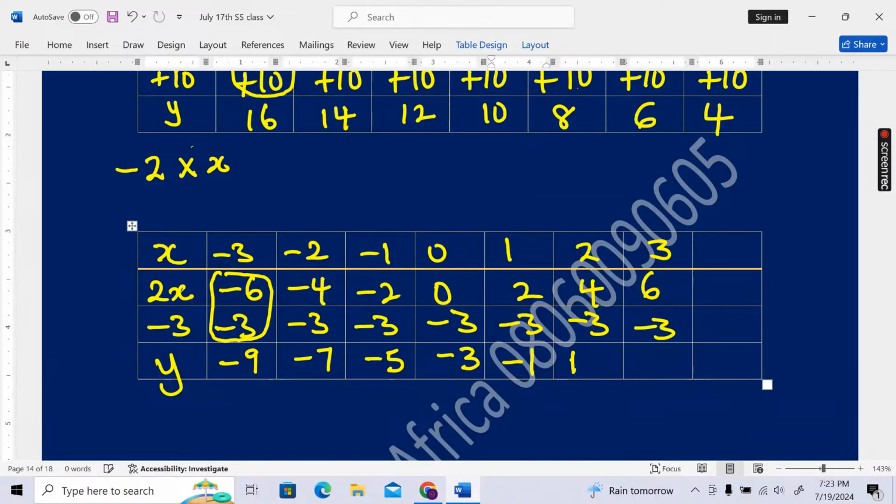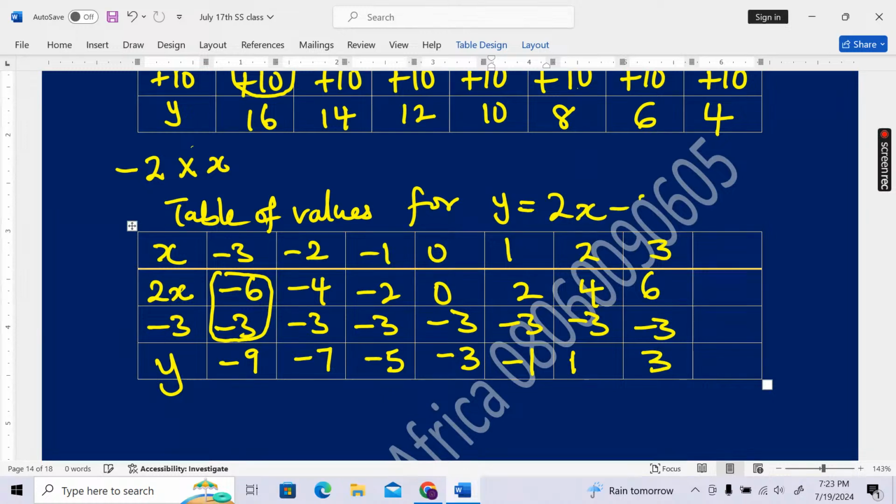Then 6 minus 3, that is 3. So we have been able to draw the table of values for y is equal to 2x minus 3.